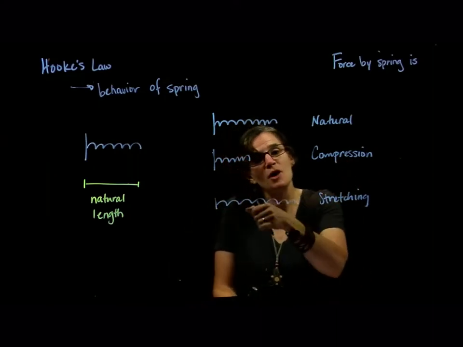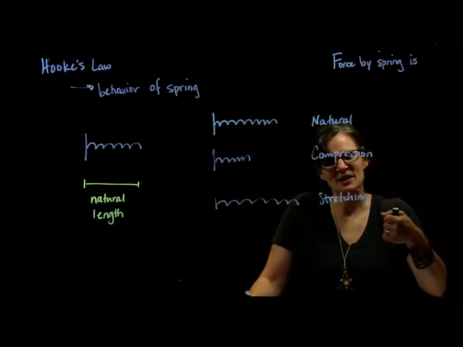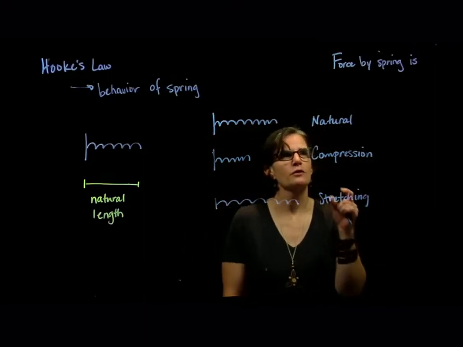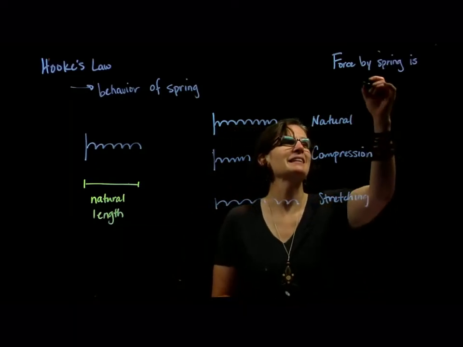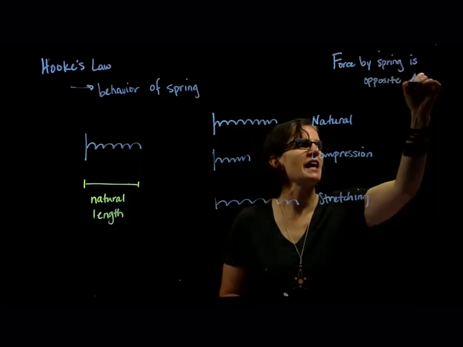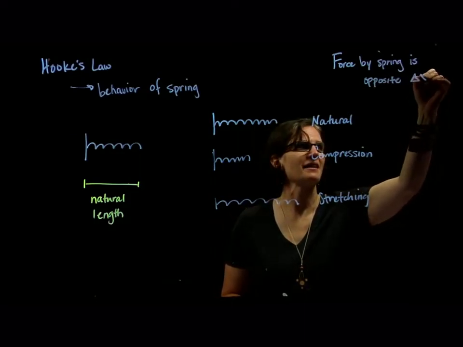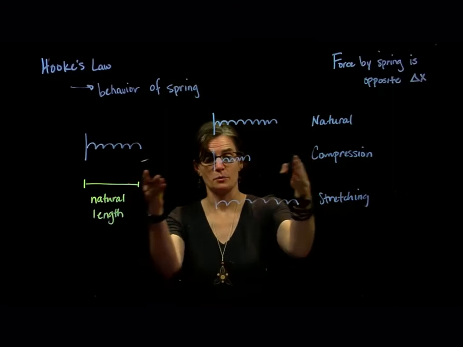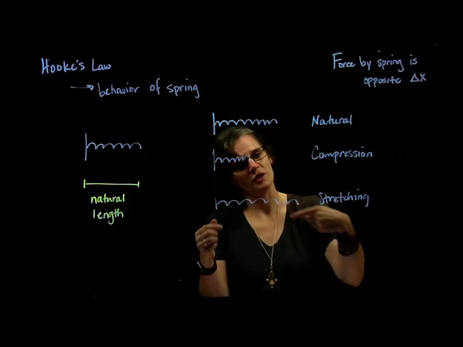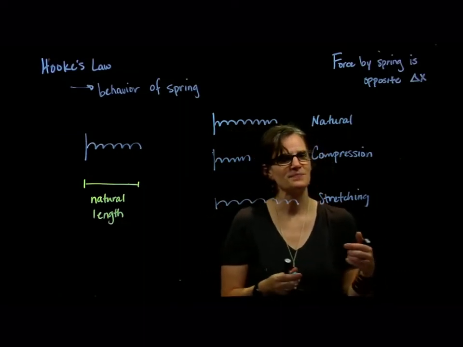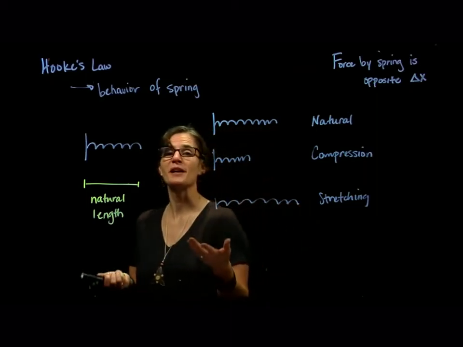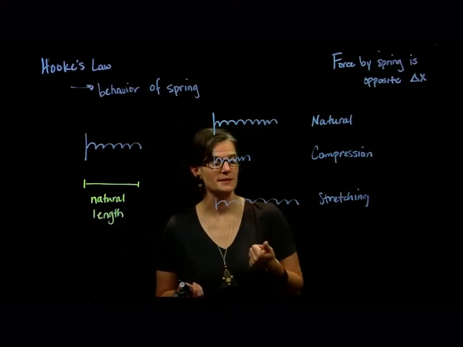If I am pulling the spring, the spring is pulling me back to the left. So the force by the spring is opposite the change in length. So if I compress it, it's going to be pushing to the right. If I stretch it, it's going to be pulling to the left. All right, so that's the first thing. It gives us a little bit of indication about the direction of that spring's force.